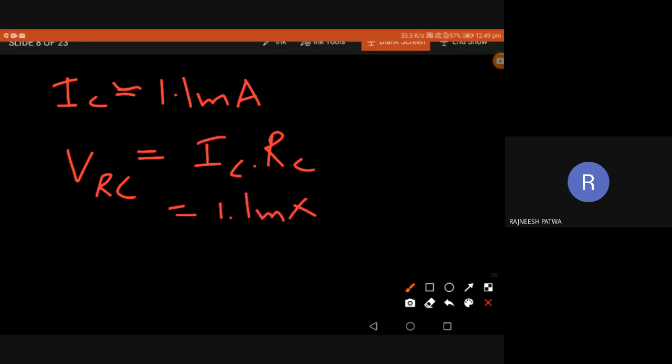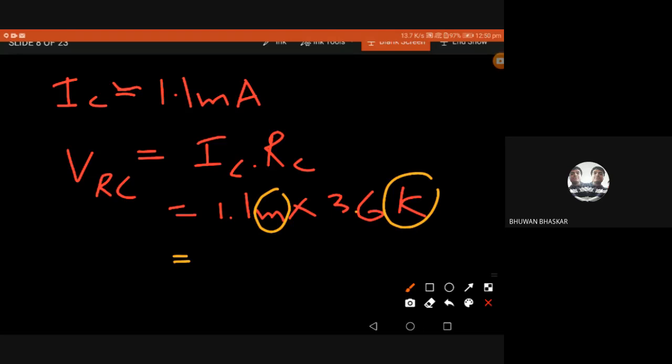It was 3.6 kilo ohm. So kilo and milli cancel, and I have 1.1 into 3.6. That is the voltage drop across resistance RC, 3.96 or something like that. Yes, 3.96 volt.